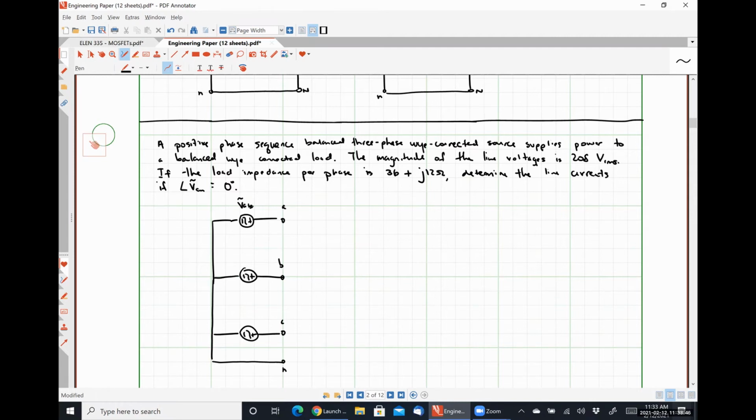This can be VAN, which we do not know. VBN, which we also do not know. VCN, which we don't know. My transmission lines, I'm approximating as short circuits because we were not given an impedance for them. And then here are my loads.